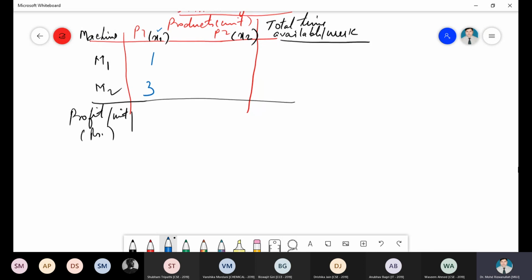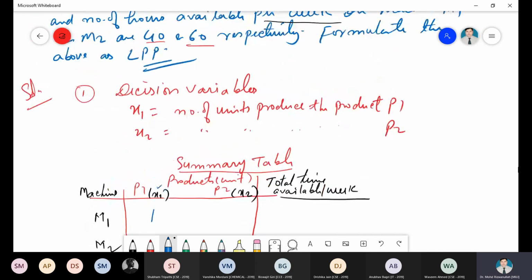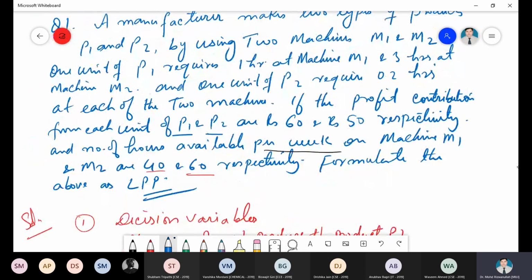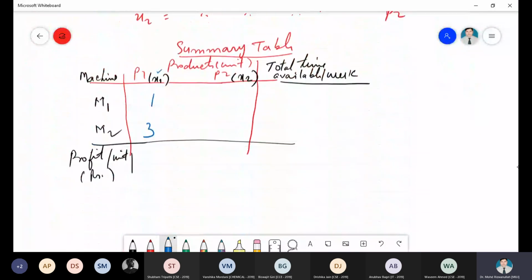See the question. It is given P1 and P2 by using M1 and M2. 1 unit of P1 requires 1 hour at machine M1 and 3 hours at machine M2. Similarly, 1 unit of P2 requires 2 hours at each of the two machines. So if you want to produce 1 unit of X2, what is the time here on M1 and M2?